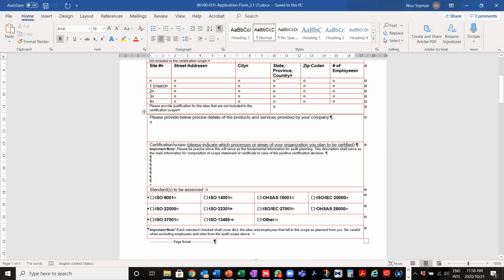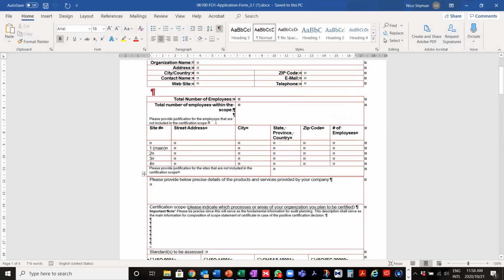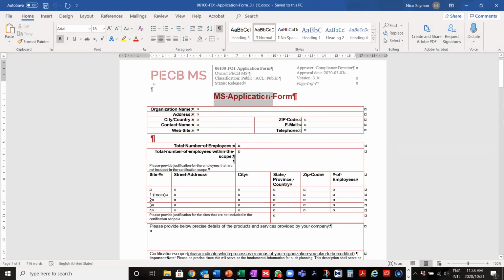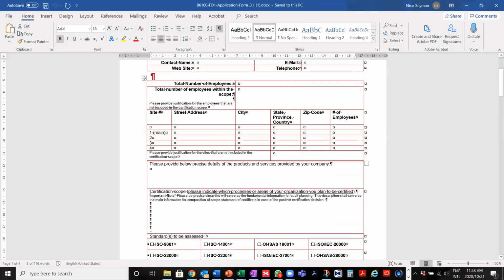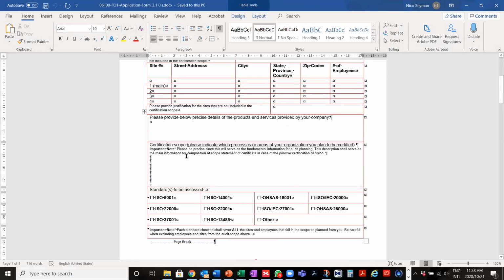So in this second paragraph, this is where you are actually applying to be certified within ISO 22301, it doesn't matter, but there is your scope. It says there, please indicate which processes and areas of the organization you plan to certify. Important, please be precise, since this will serve as fundamental information for audit planning.